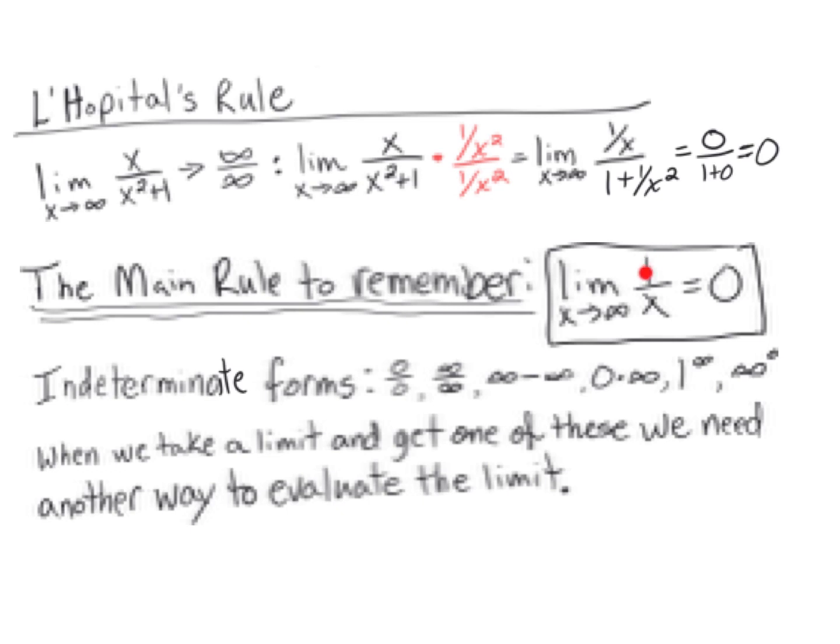Anytime we can get a constant in the numerator or in the denominator, we can take this limit as x approaches infinity, or as x approaches some value that makes either the numerator or the denominator go to 0 or infinity. So the main rule to remember for problems like this is this right here, except sometimes, no matter what we do, we end up with something called an indeterminate form.